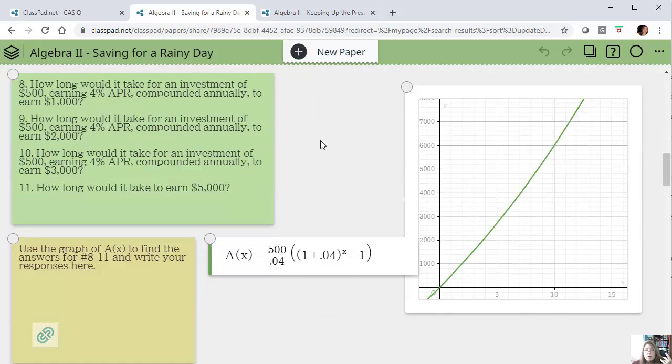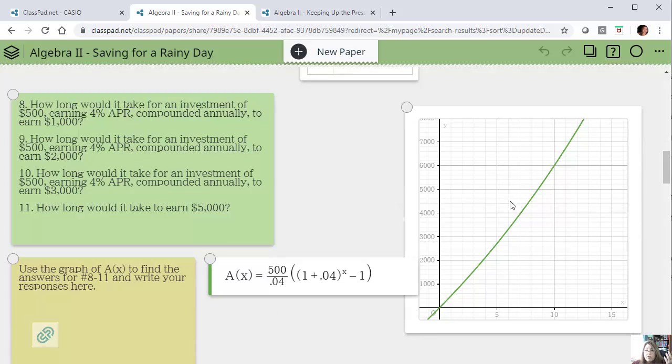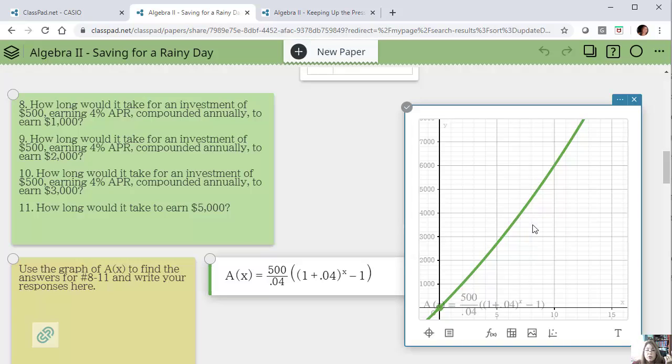Or now we're going to come to another situation. Here's a graph of the situation. So here's that formula again. So notice this time we have the interest rates given, and the questions all pertain to the different years, how long you are investing. So if you notice, we could also use a table here, and if we click on the table, this represents the outcome and the value there.